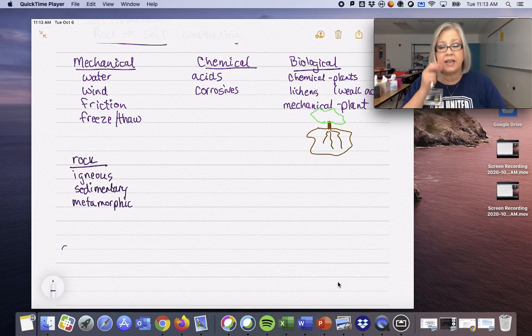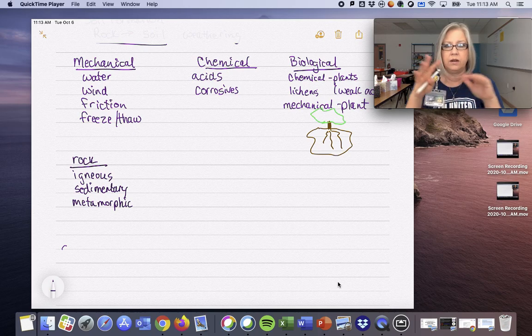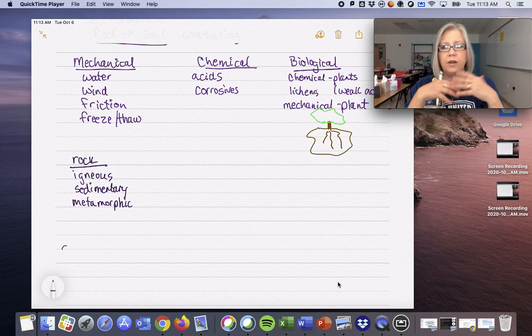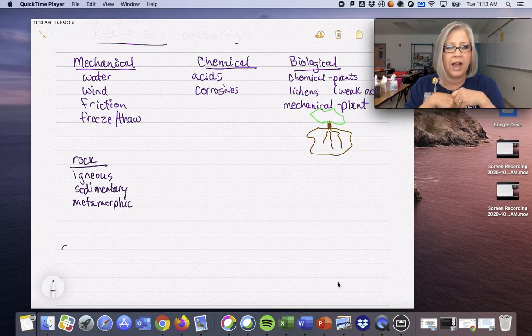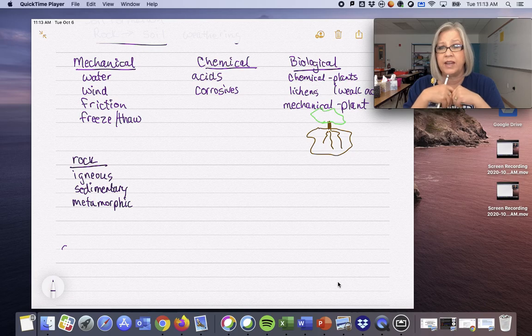These are sandstones, limestones, other things that are layer upon layer upon layer that have washed down. When they do, they form this rock, and usually those can break down pretty easily into different kinds of soils. But all three of those can actually do that.